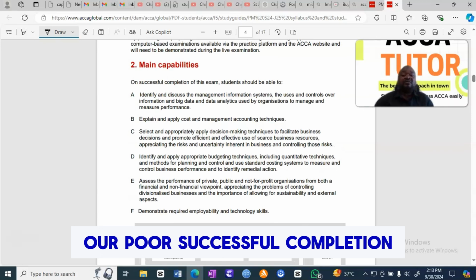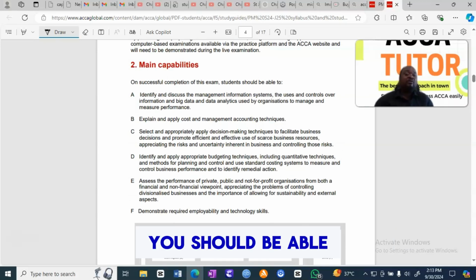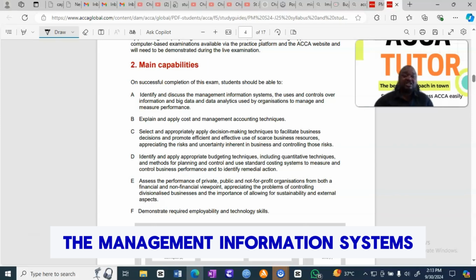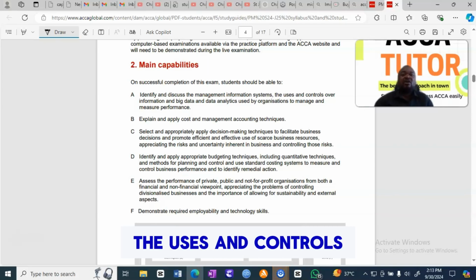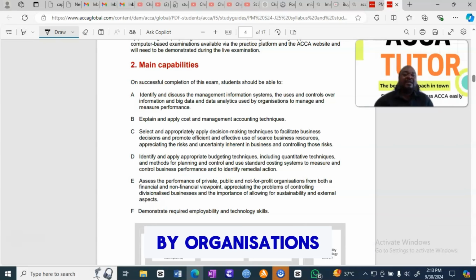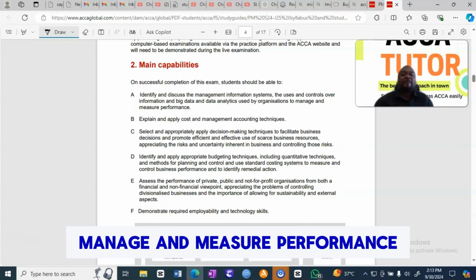Upon successful completion of this exam, you should be able to identify and discuss the management information systems, the uses and controls of information and big data and data analytics, used by organizations to manage and measure performance.